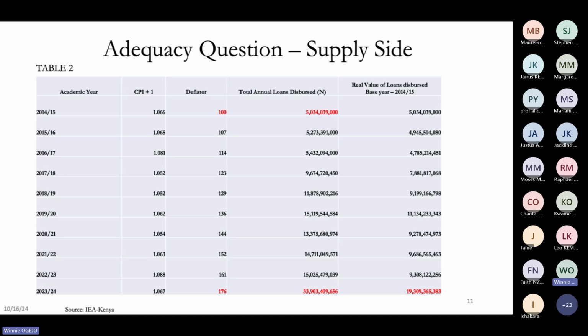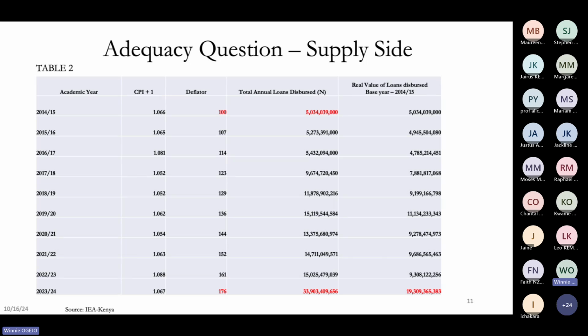And then we are also using inflation, but the inflation we are using is to see the compounding effect of inflation. So that that 100, when you compound the effect of inflation, then you get the 176 shillings.